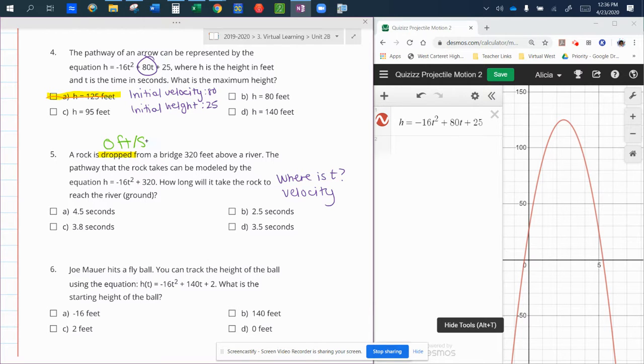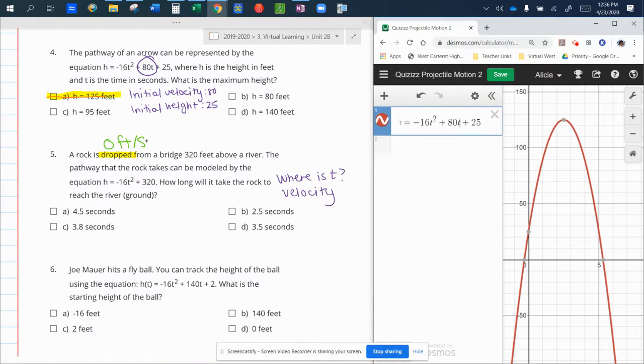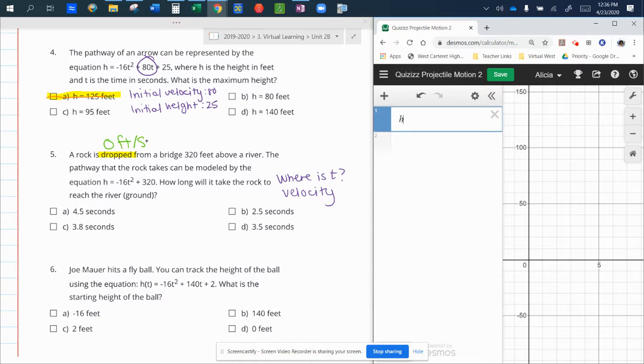First we need to go back in to Desmos and enter this new equation. So our new equation, we have h equals negative 16t squared plus 320. I'm just going to stick with h and t. When is it going to hit the ground?